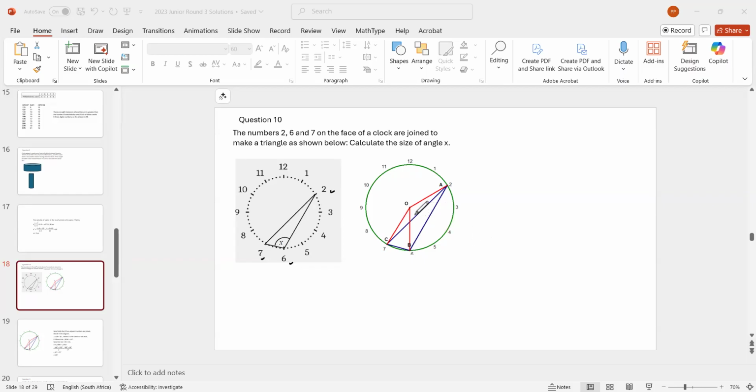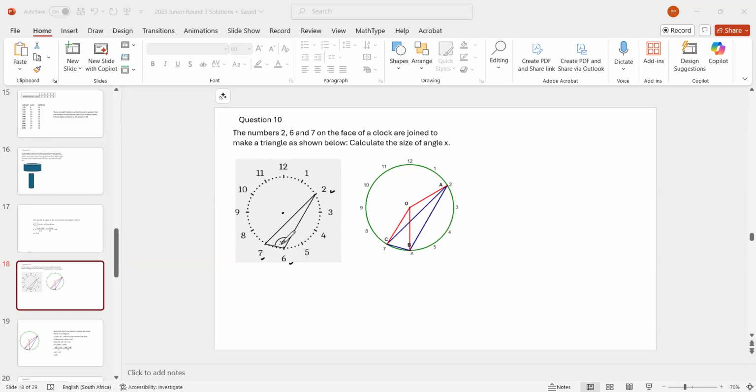Now, to calculate this angle, I have to use the fact that the center of the circle is equidistant from the 3 points on the clock, right? Because this is a circle, the radius will be the same. So let's just draw those lines, and I've drawn those 3 radii, like this.